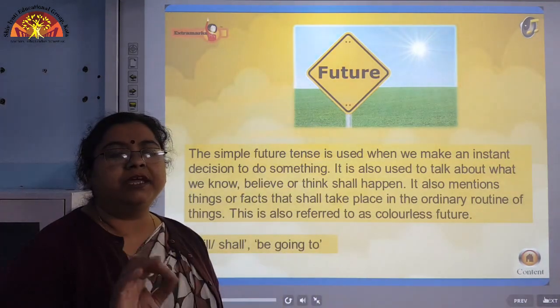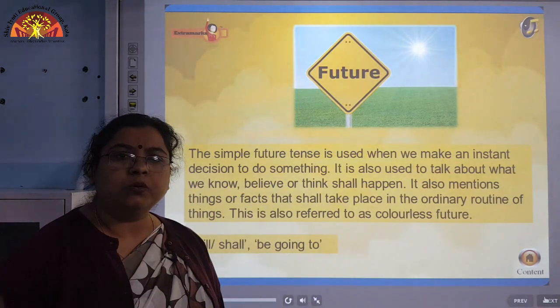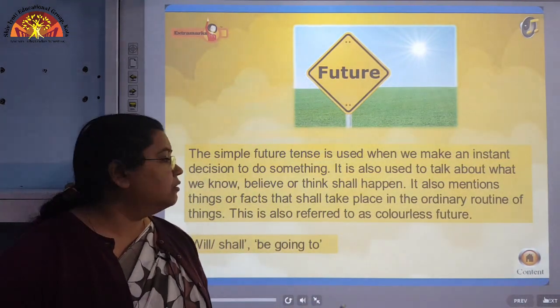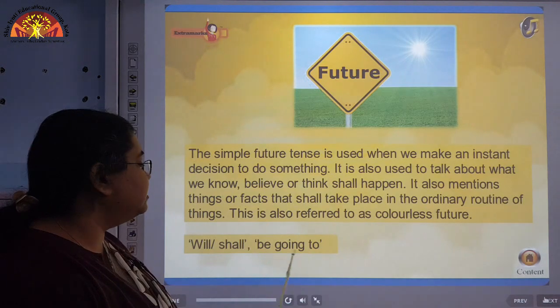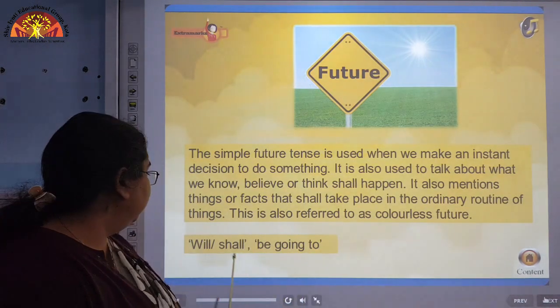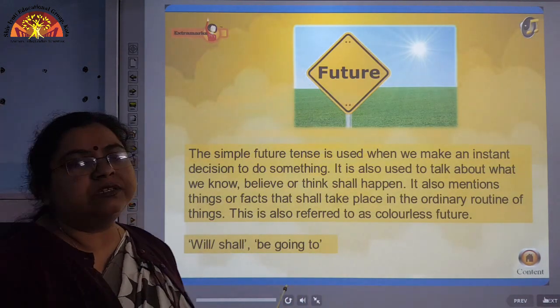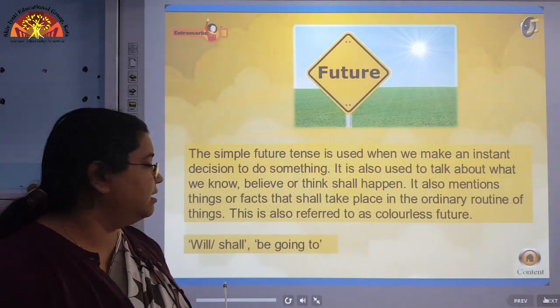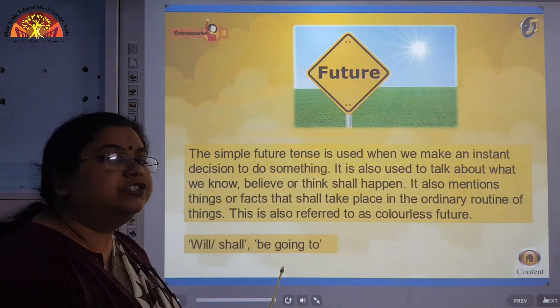I will be going to the school tomorrow, like this. So, we can use this form also, and also we introduce the helping verb, or we can say the modals here, will or shall.